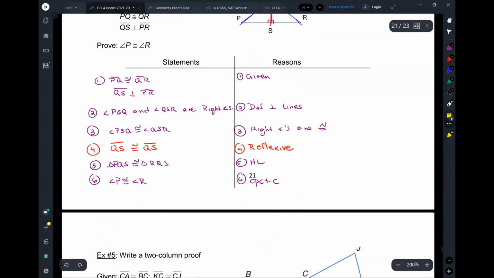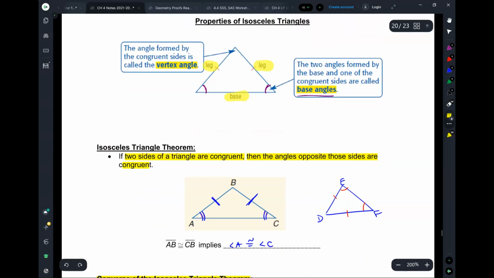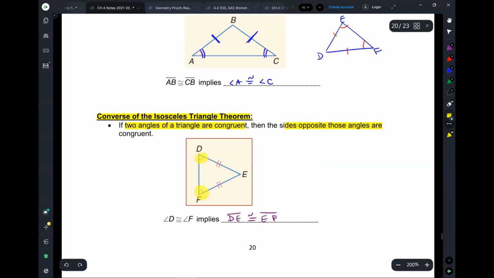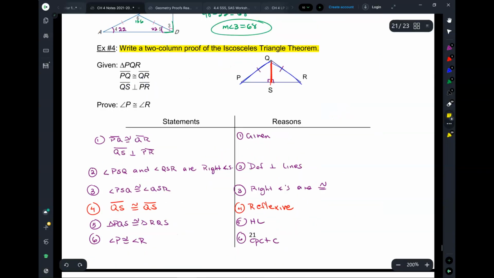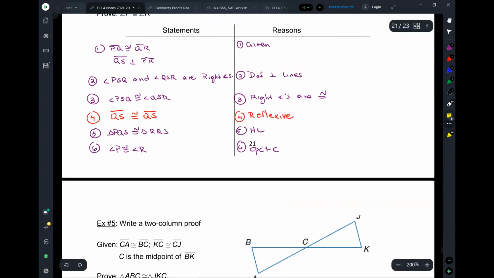This is the reason why in an isosceles triangle, if two of the legs are congruent, then those base angles must be congruent. So we just proved it. This was the proof of this theorem right here. Okay? So why do you put some in red? Just to highlight. That's it.